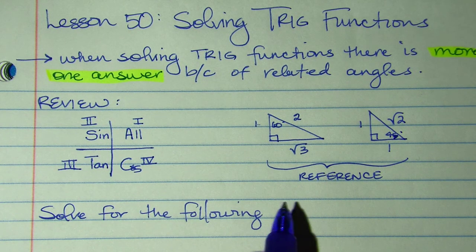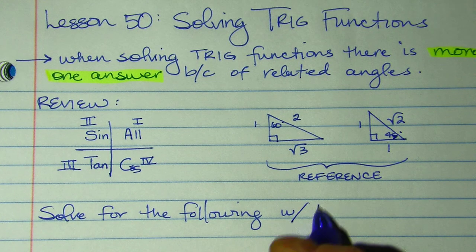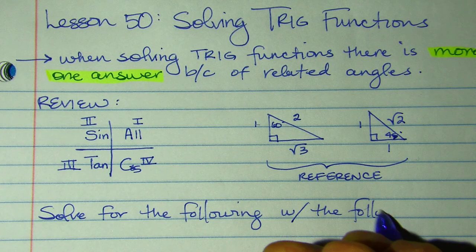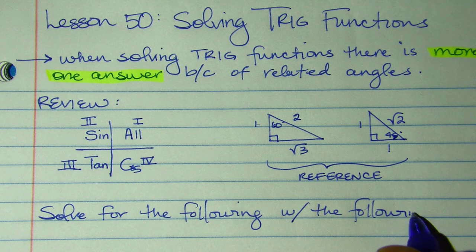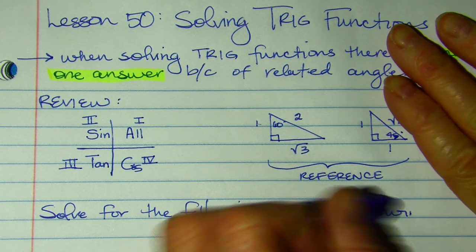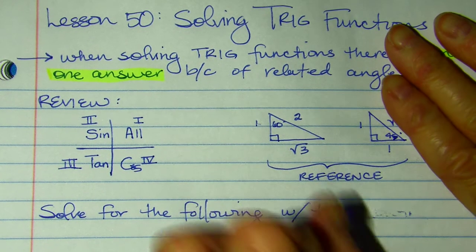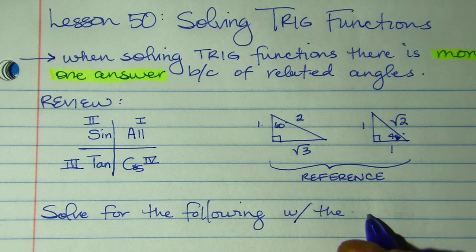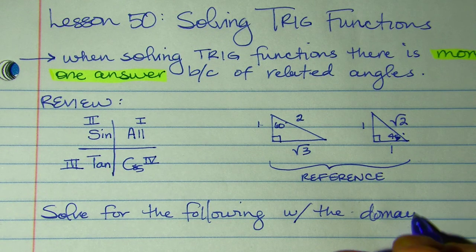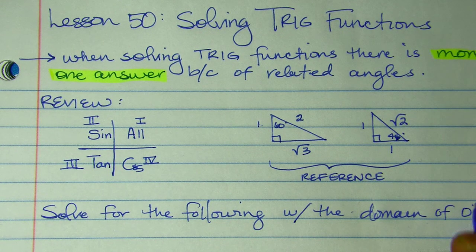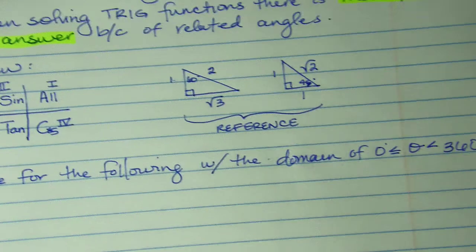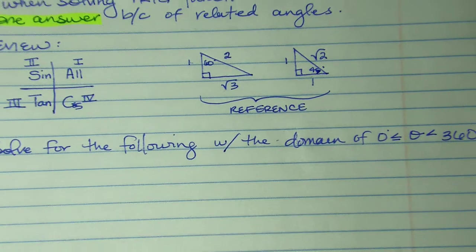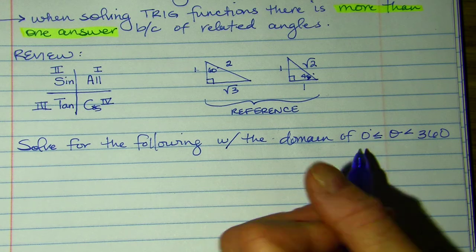And I'm going to give you the same domain with the following. With the domain of 0 degrees is less than or equal to theta, which is less than 360. So this means that our answers should only be within here.